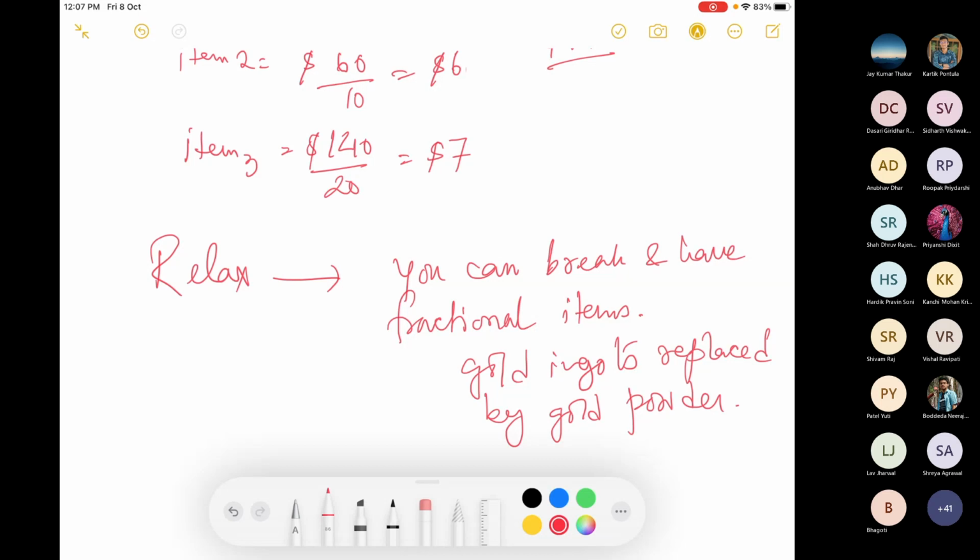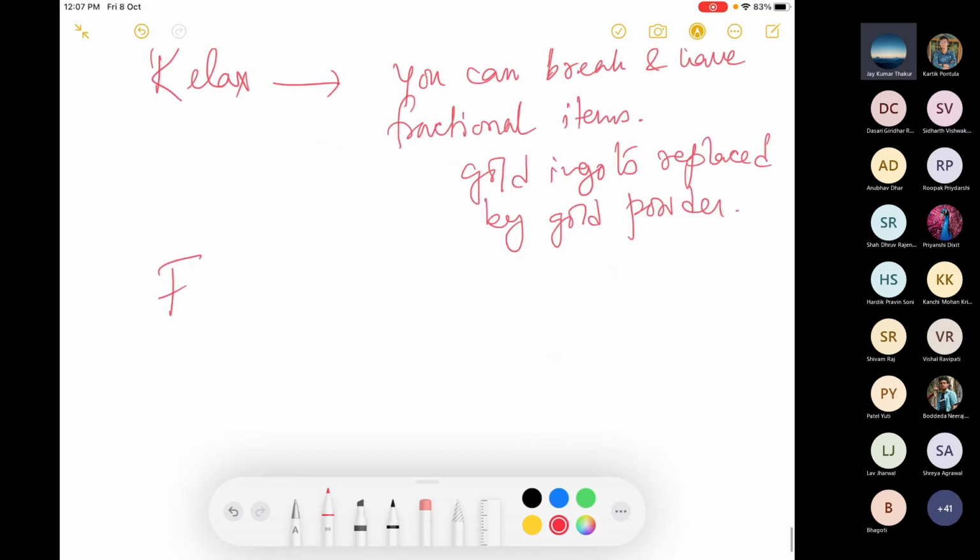Then will the greedy approach work? Yes, sir. So this is called the fractional knapsack problem.